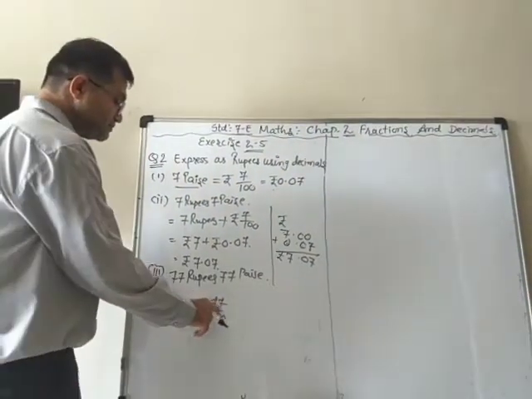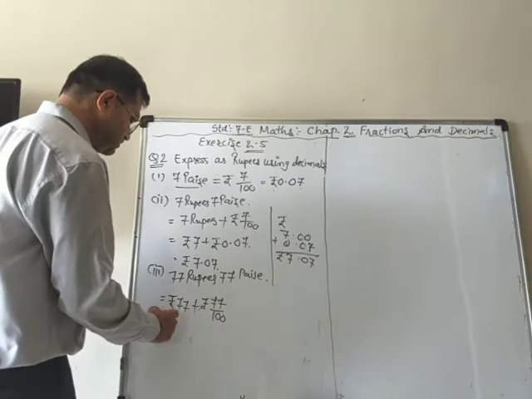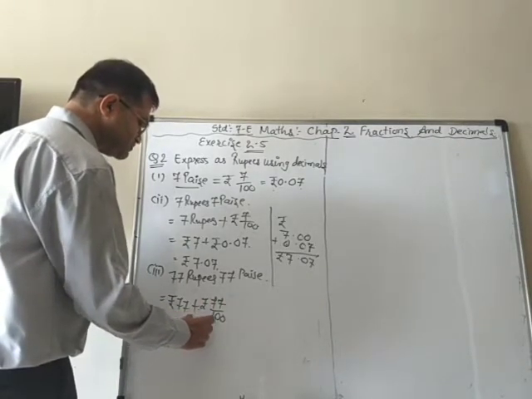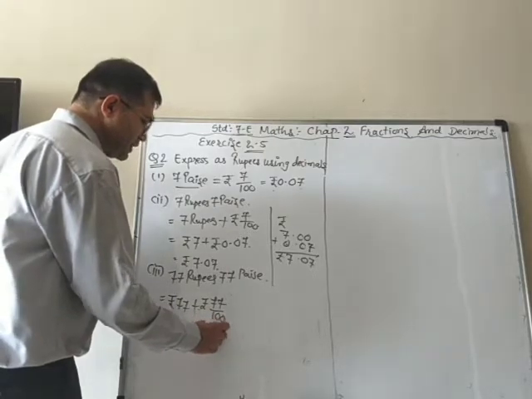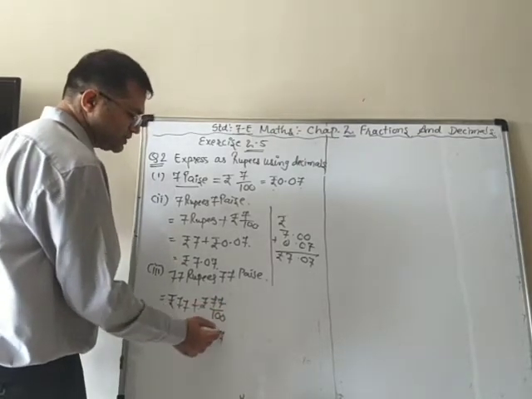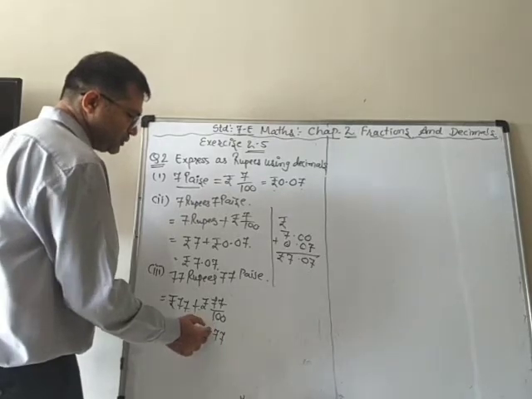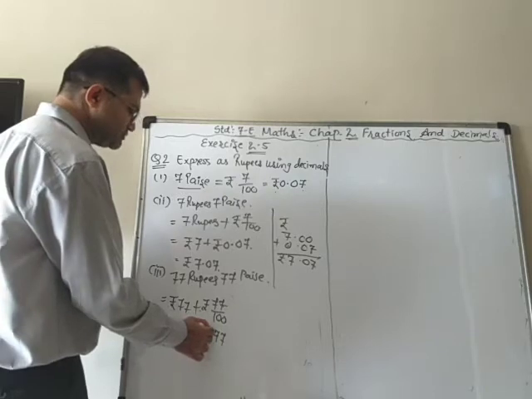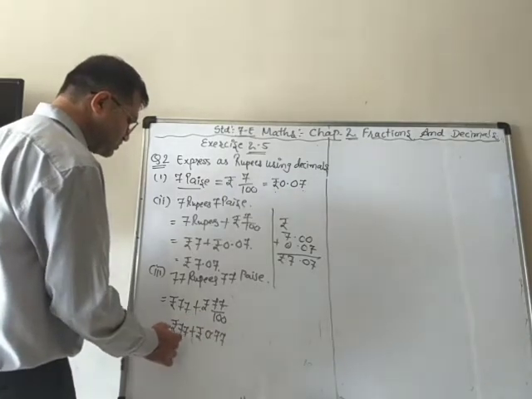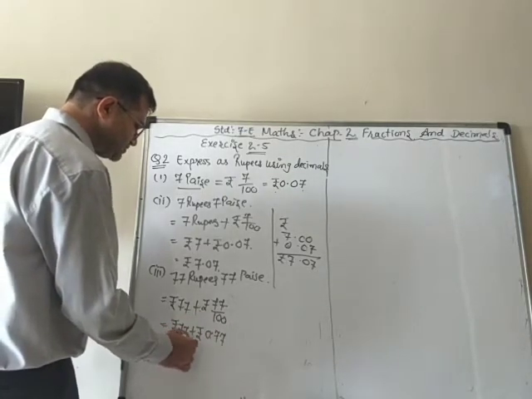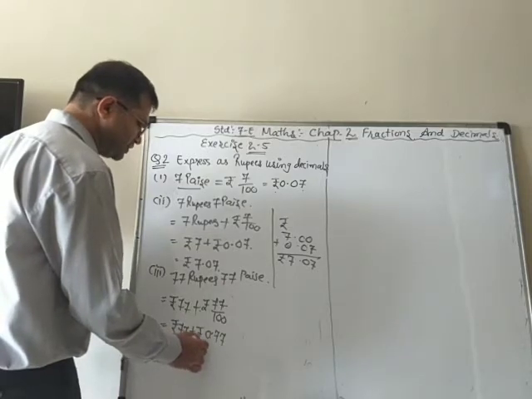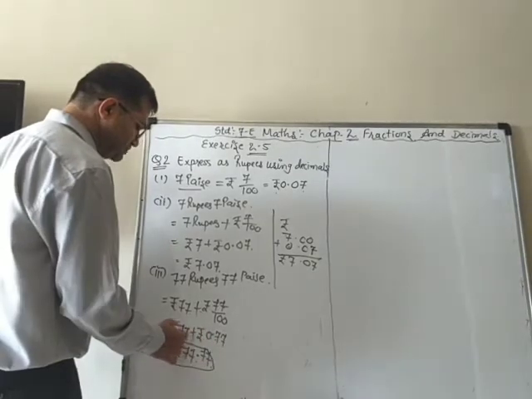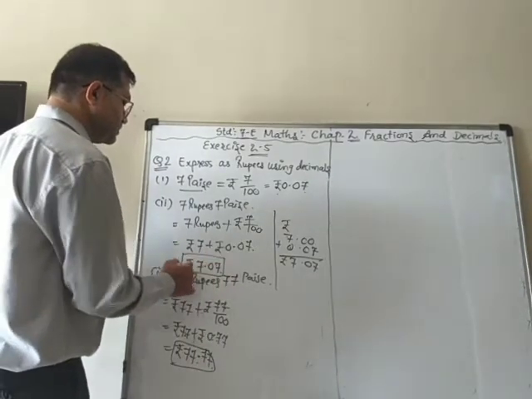Now 2 decimals means 0.77. So rupees 77 plus rupees 0.77, because there are 2 digits and we need 2 decimals, right? So you can write down rupees 77.77, because if you add that, you will get that answer.